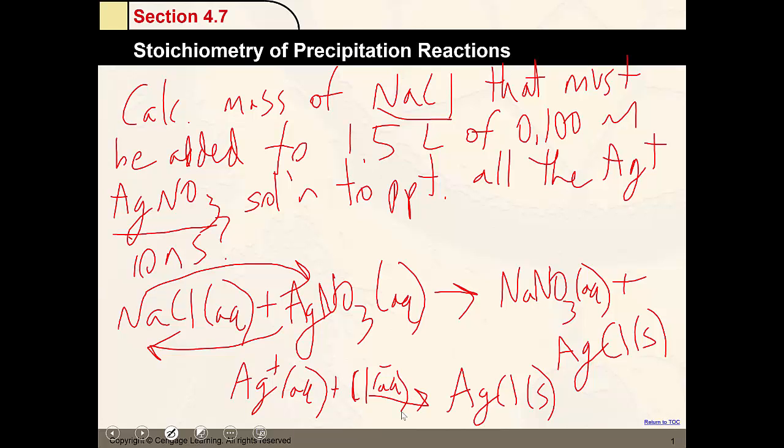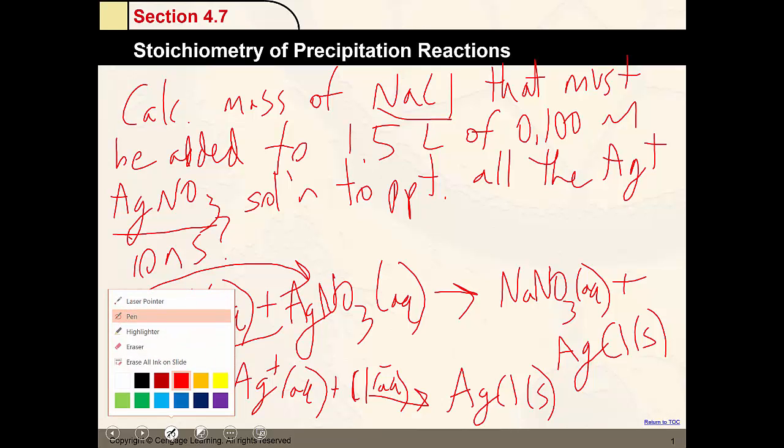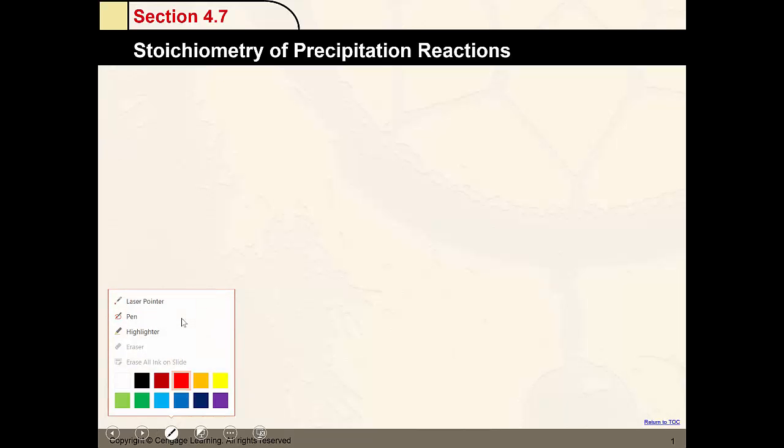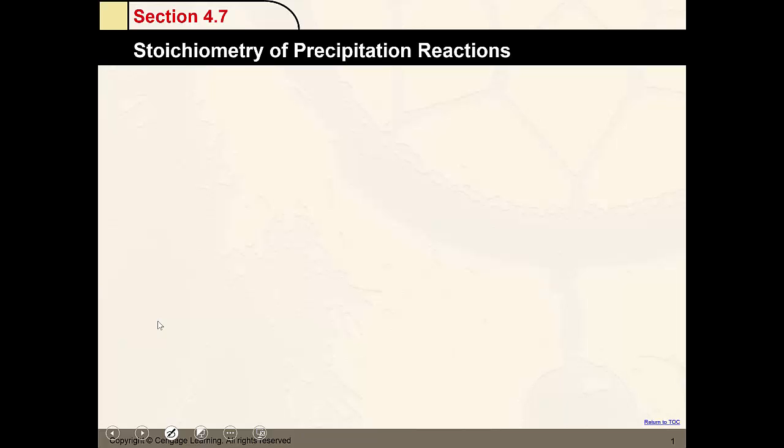Okay, so now that we have the correct net ionic equation, and still that is already balanced, now we can do our calculation. So we know we had 1.5 liters of 0.1 molar AgNO3.